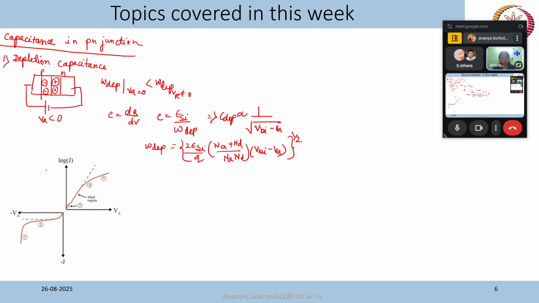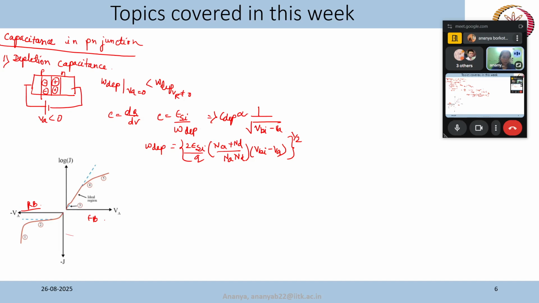Now you must have remembered this graph, log J versus Va. This is forward bias, this is reverse bias. This graph tells a lot of things about an actual diode, not an ideal diode. In the case of an ideal diode, this will be almost a straight line after a few kT. But in real devices, there is some non-ideality.